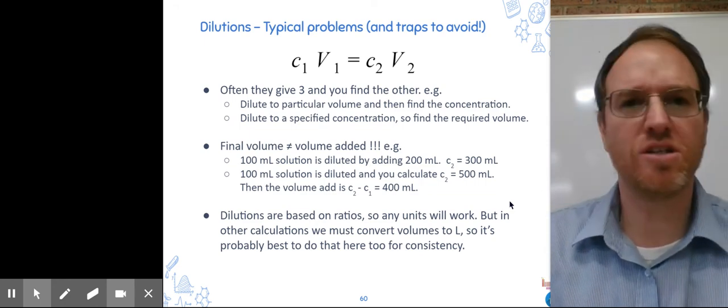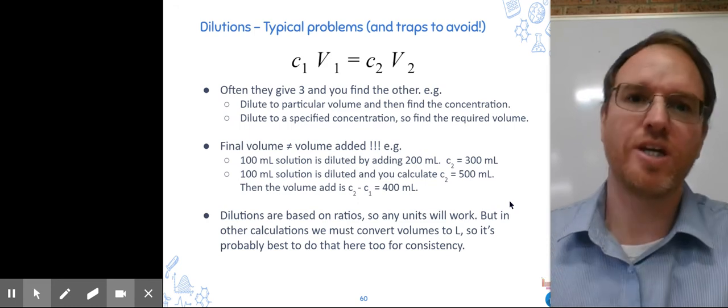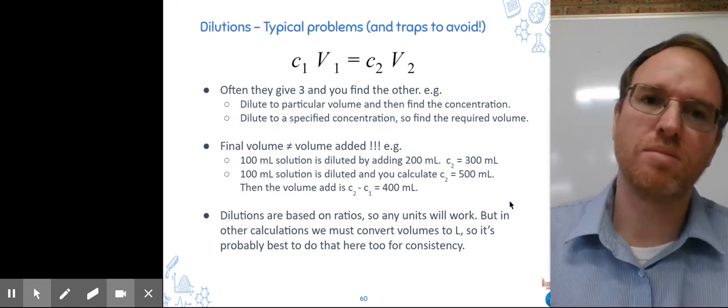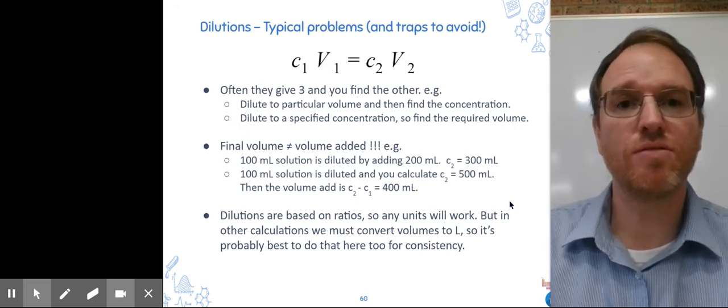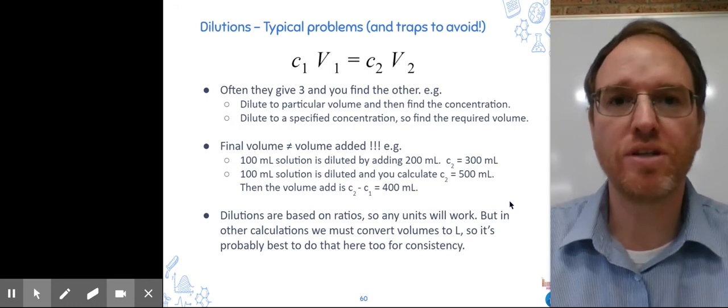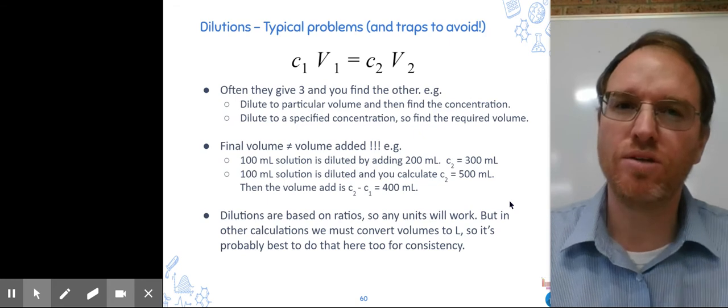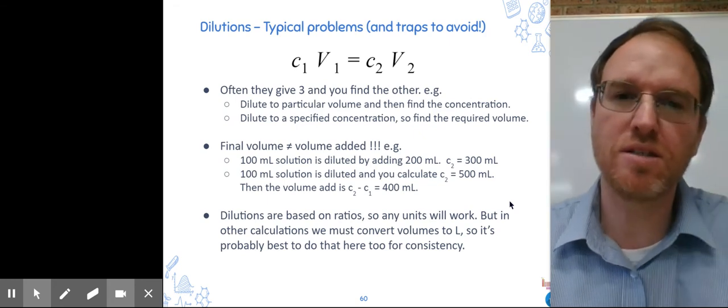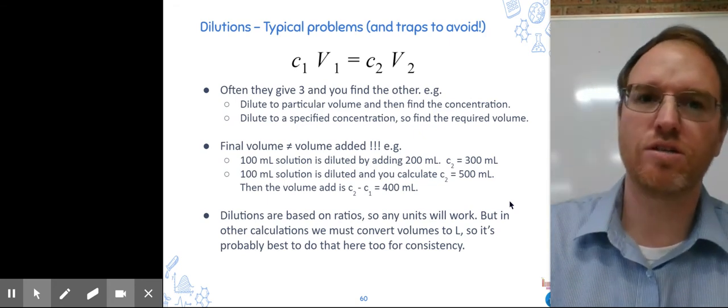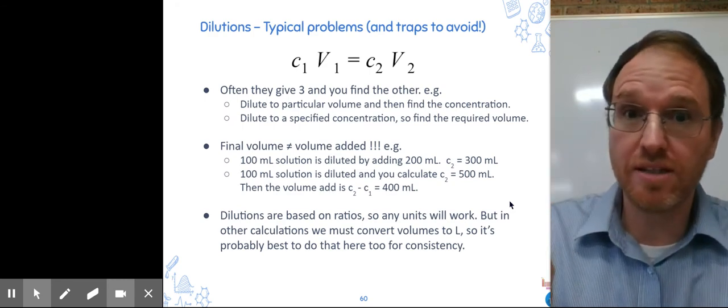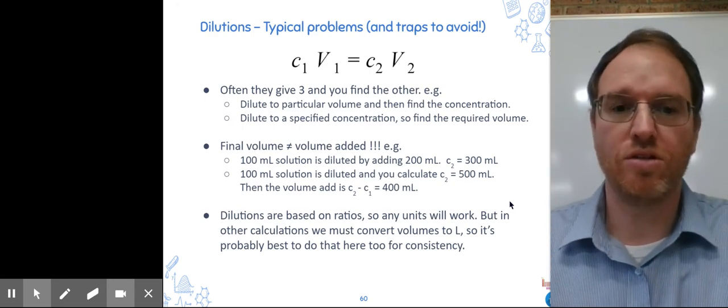If you start to think, oh, it's a dilution, I can use mils, and you get the right answer, you might start using mils in other questions. So I would say if you're not confident, convert everything to liters as a general principle. But if you really do understand ratios well and you think you can handle that in this one situation, it's okay not to convert units as long as they're the same on both sides, then you can do that.